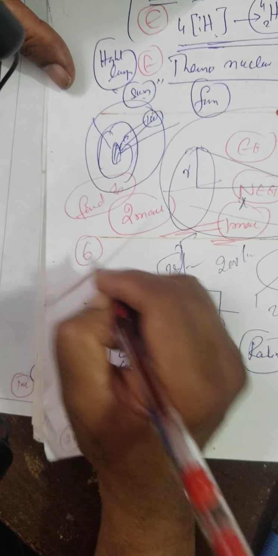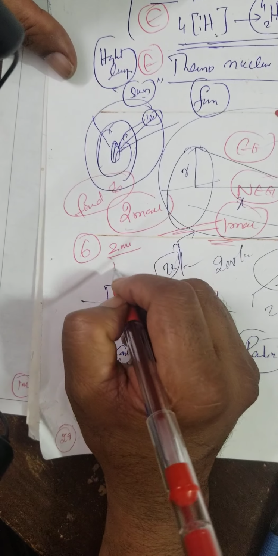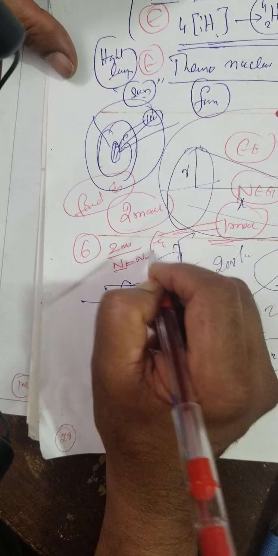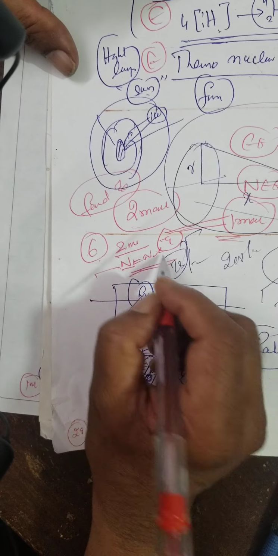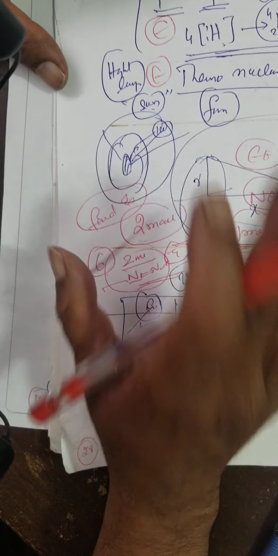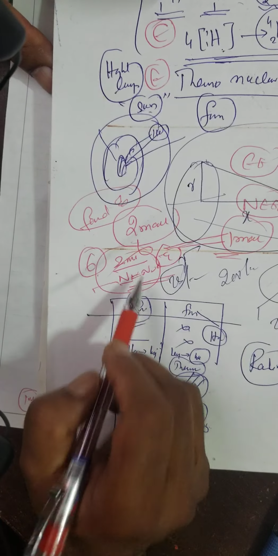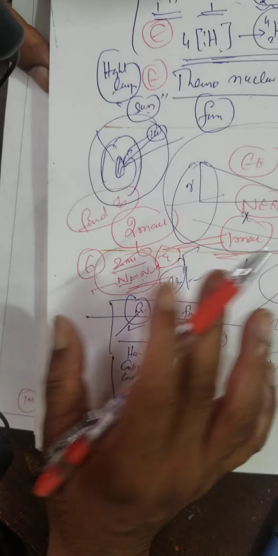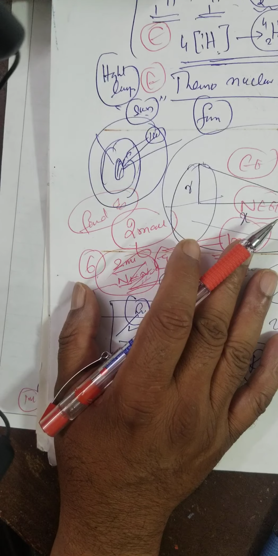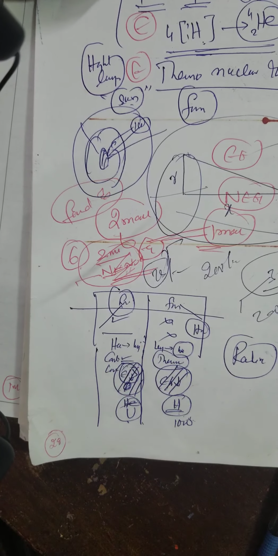Out of 6 marks in the chapter, 2 marks are for this type of thing, and the derivation of N_t equals N naught e to the power of minus lambda t, 4 marks they'll ask. So 6 mark questions will appear in this chapter. Problems they may not ask, but derivation they'll ask, along with half life and mean life. Just go through this. Thank you.